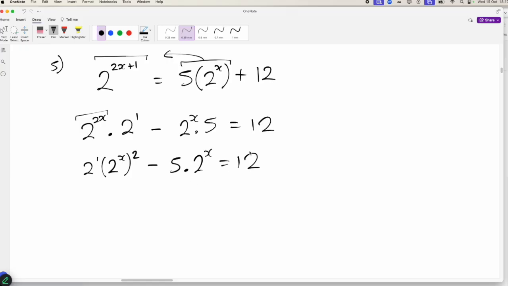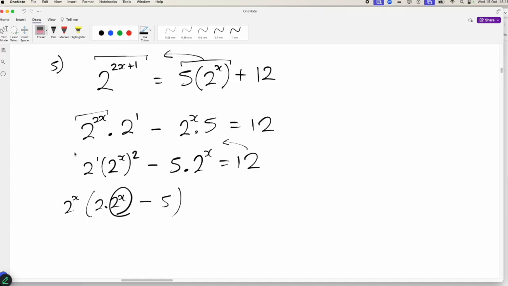If you check it, I could throw across the 12 as well. Yes, I could factorize, but if I factorize 2 to the x out of here, I would get 2 to the x times 2 times 2 to the x, minus 5. I still have 2 to the x inside of here.